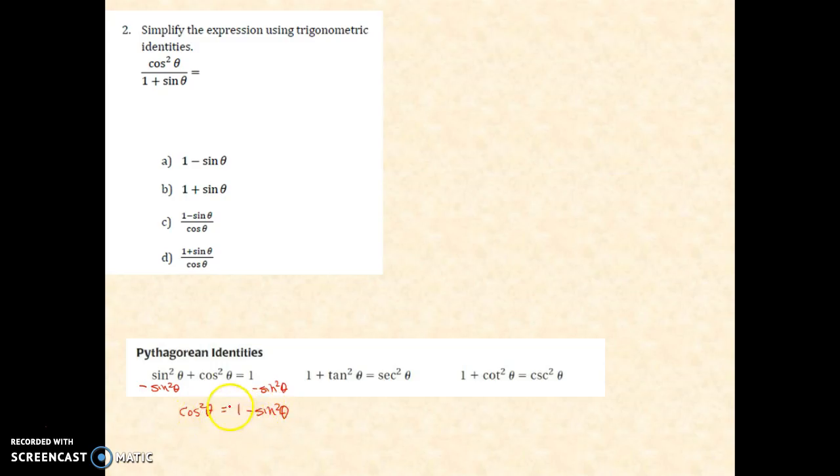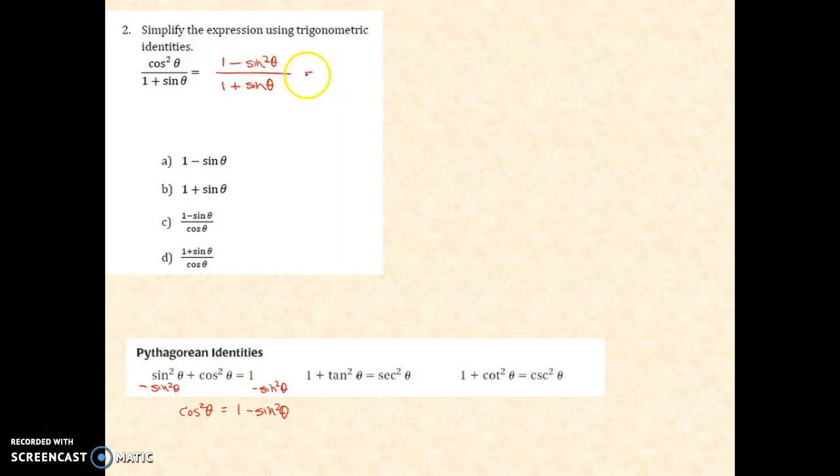So let's see what happens if I replace cosine squared theta up here with 1 minus sine squared theta over 1 plus sine theta. Now resist the urge to try to cancel something out here because we have subtraction on the top, addition on the bottom, and this fraction bar means division, and we can't cancel out addition or subtraction with division. We have to cancel out multiplication.